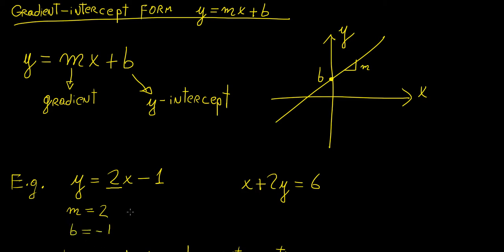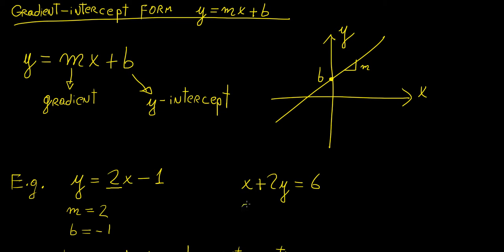And that's it. But some other times it's not going to be as obvious, because they will give you an equation of a line which is not in the form where you can directly retrieve the information about the gradient and the y-intercept. In that case, we need to rearrange it for y to see what those values are. So in this case, we can subtract x from both sides.